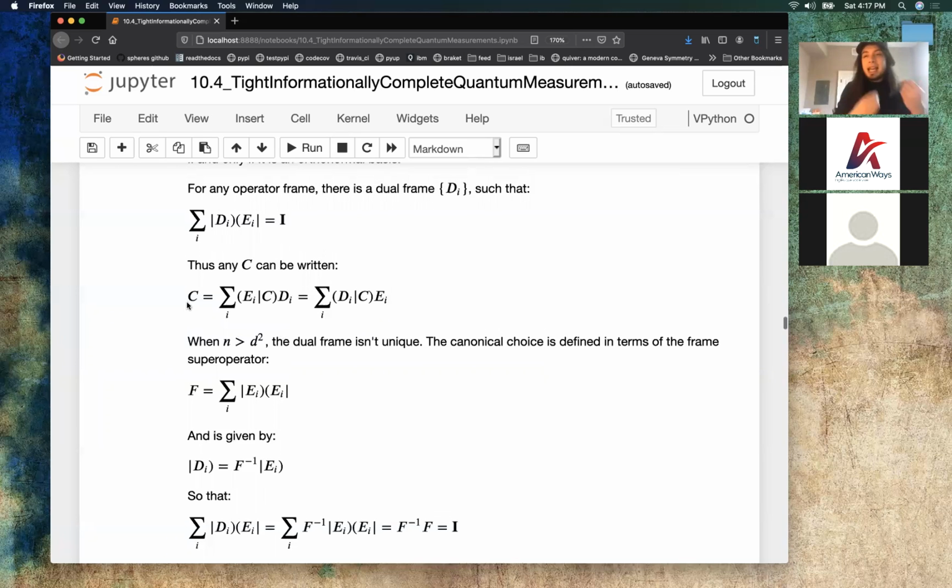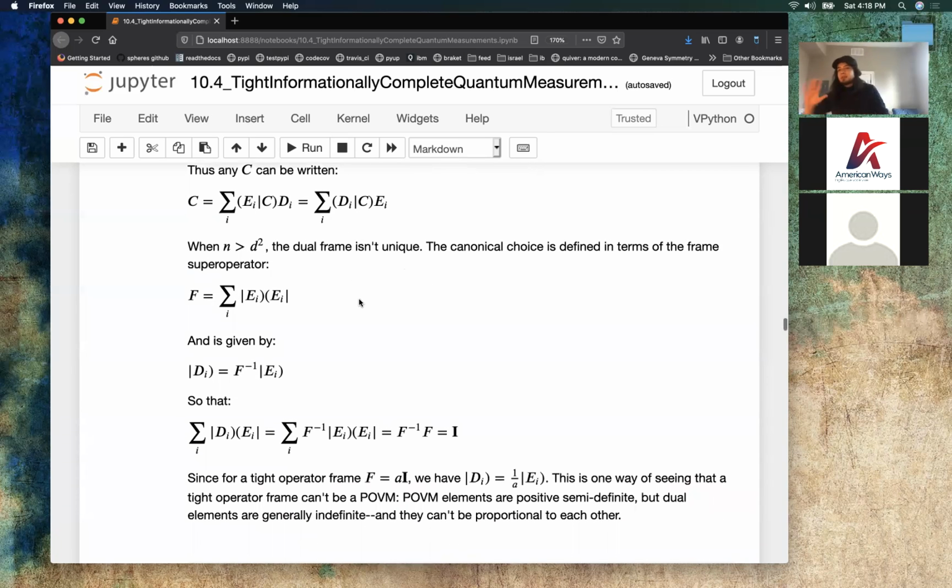In other words, I can write any C as either the dual elements weighted by the inner product with the normal elements, or the normal elements weighted by the inner product with the dual elements. If you take your inner products with the operator frame elements, in order to reconstruct the operator that you represented, those have to become the weights on the dual. Or you can take inner products with the dual elements, and those become the weights on the elements themselves.